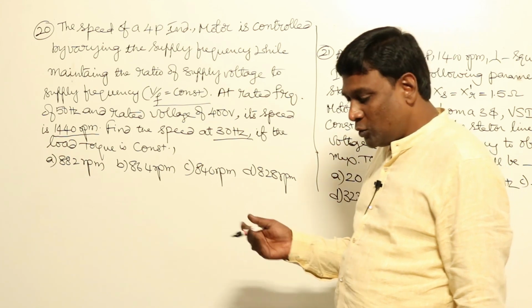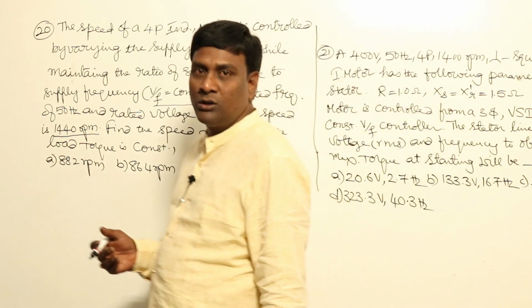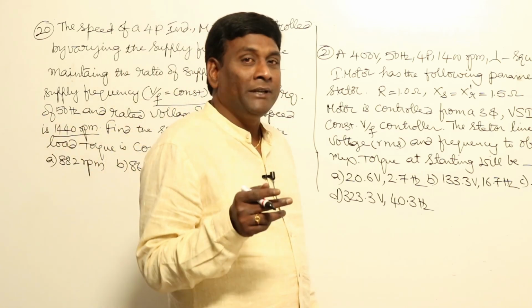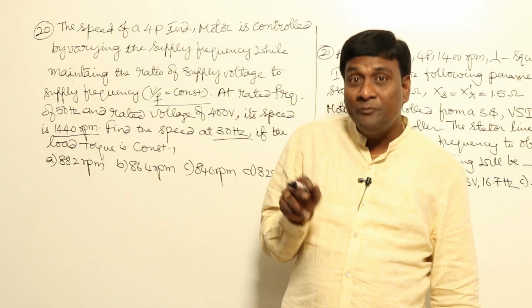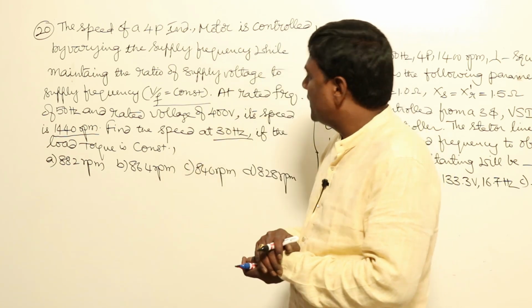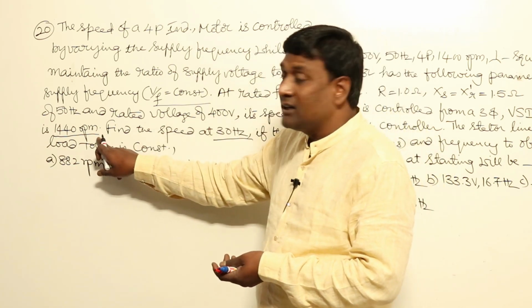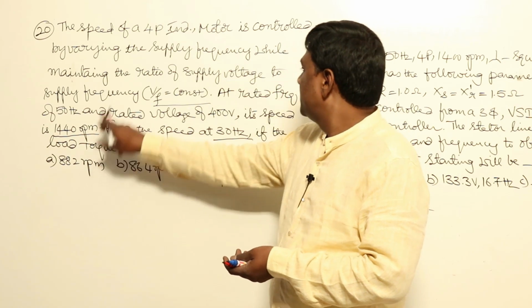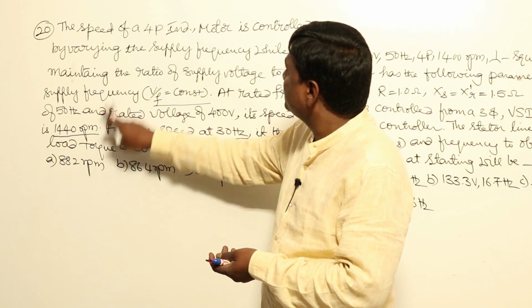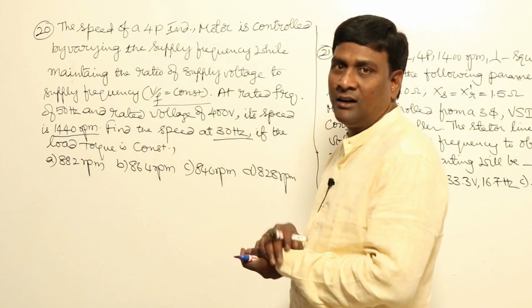When the load torque remains constant, what was the equation we got previously? Slip speed should be constant, or slip frequency should be constant. So whenever it is operating at 1440, what is the synchronous speed? 4-pole, 50 Hz, 1500 rpm.